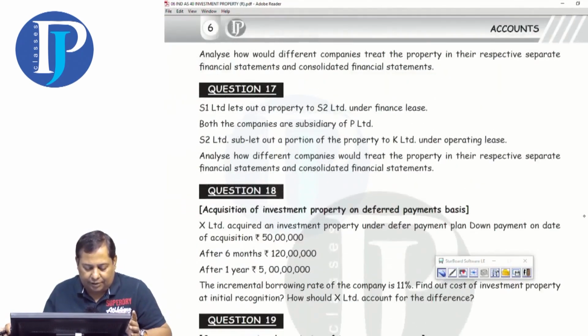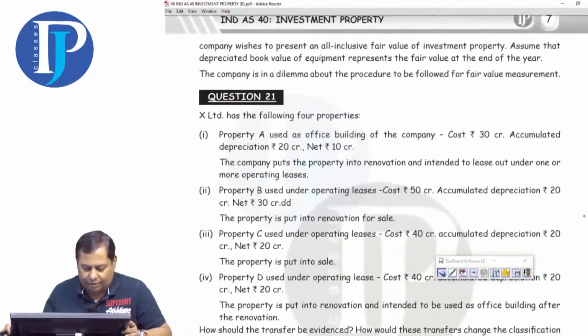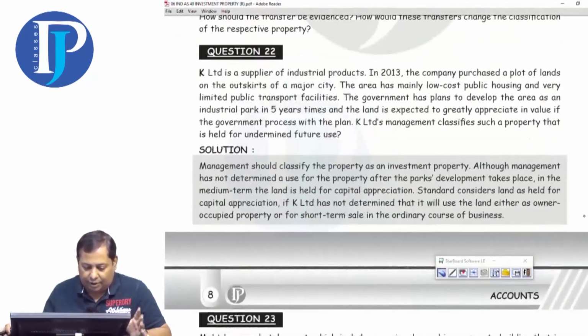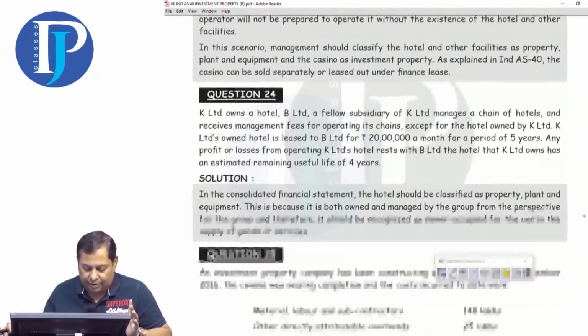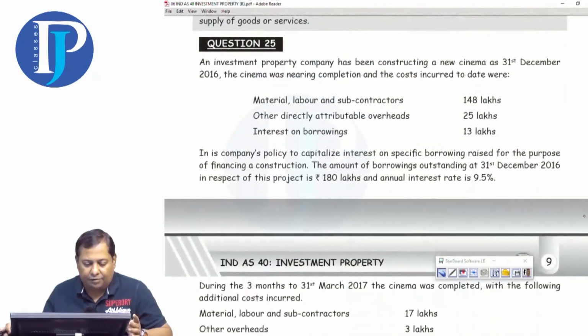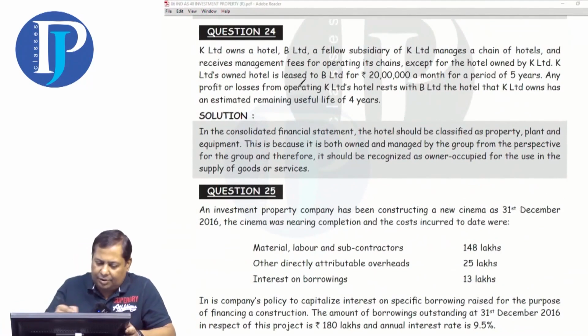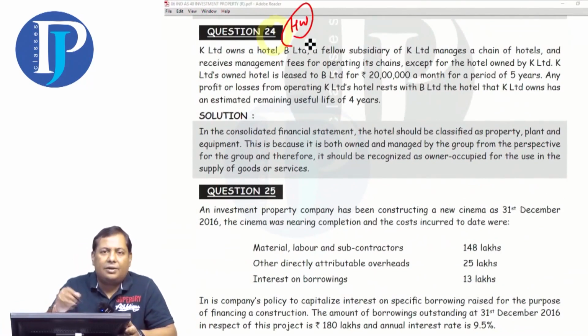We have done 16th and question 17, question 18, question 19, question 20 as well as question 21. Okay, 22 was homework, 23 was also homework. You can check number 24 in your workbook. Question 25. About question 24, it is your homework. It's very easy. You can do it.